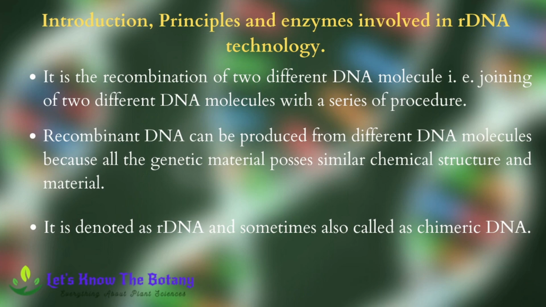Recombinant DNA technology, as the name itself suggests, is a recombination of two different DNA molecules, that is, joining of two or more different DNA molecules with a series of procedures. Recombinant DNA can be produced from different DNA molecules because all genetic material possesses similar chemical structure.